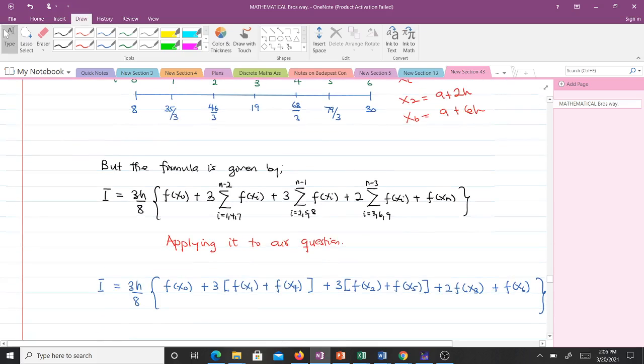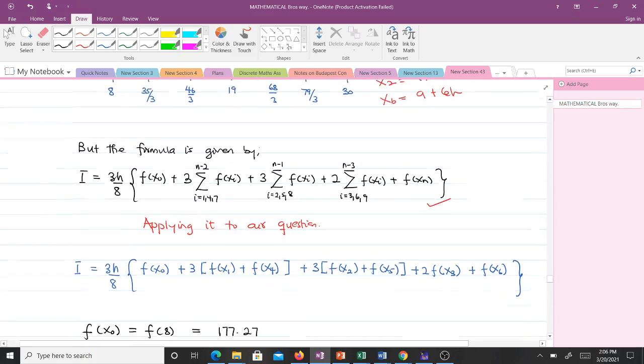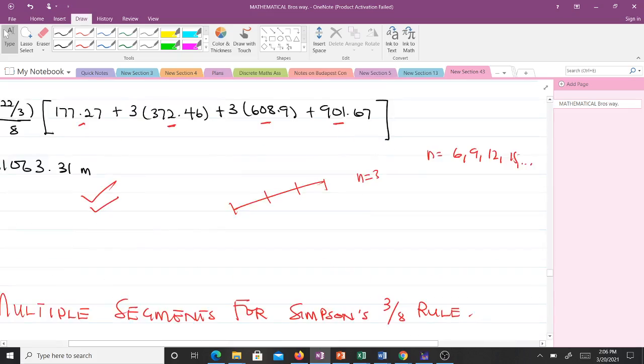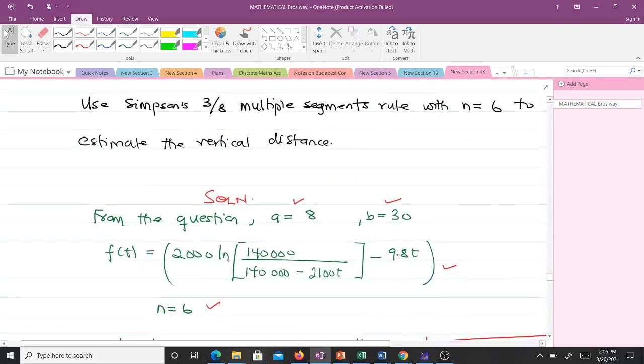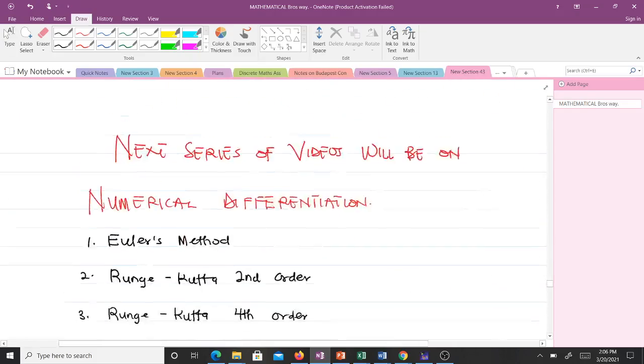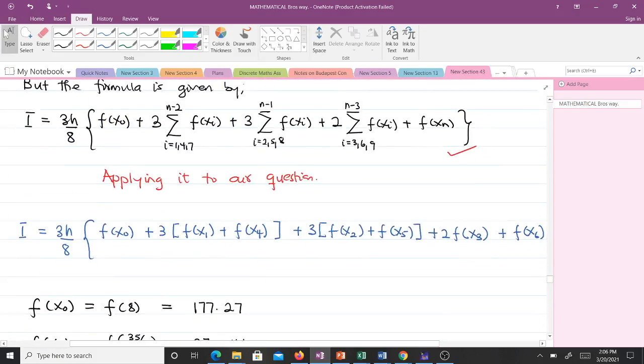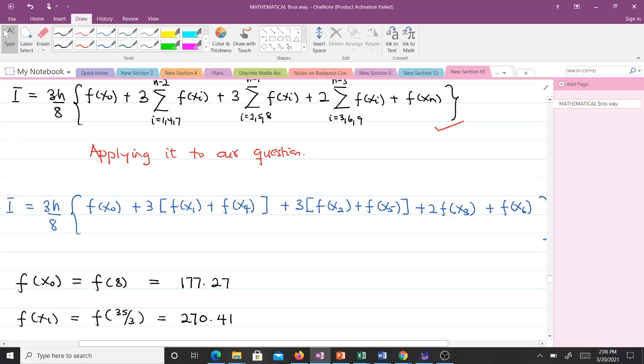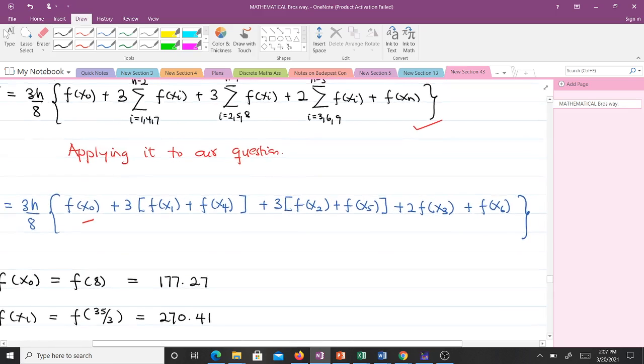Okay, but you know the formula is given by this, right? So applying it to our question, expanding it, we will get I will be equal to 3h over 8 times f of x0, then plus 3 multiplying f of x1 plus f of x4, then plus 3 multiplying f of x2 plus f of x5, plus 2 f of x3, then plus f of x6, right?